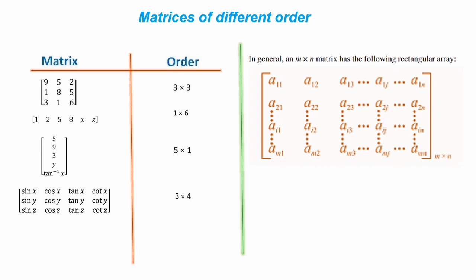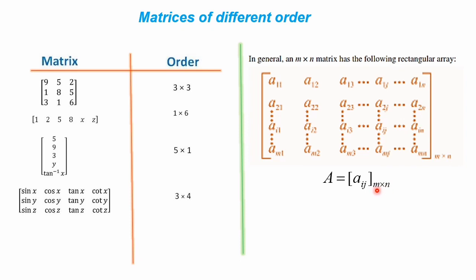Shorter than this, we can make this matrix even shorter. That is, A is equal to square bracket, and small letter aij. Small letter a represents each individual element of the matrix. i means the number of the row and j the column to which it belongs. So aij is in the suffix, on the right bottom. On the outside of the bracket we write M by N, outside right bottom.